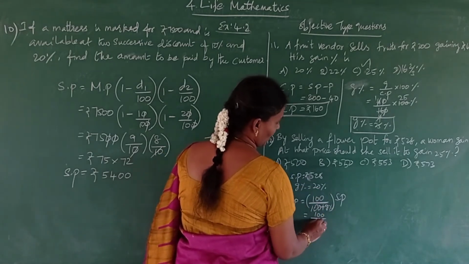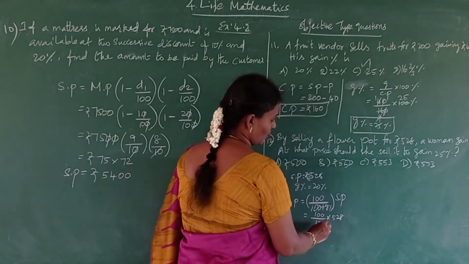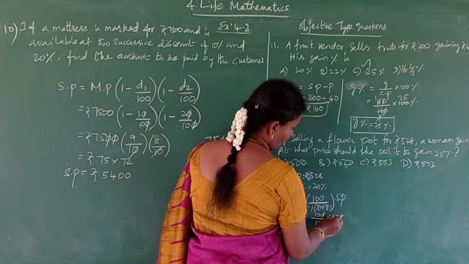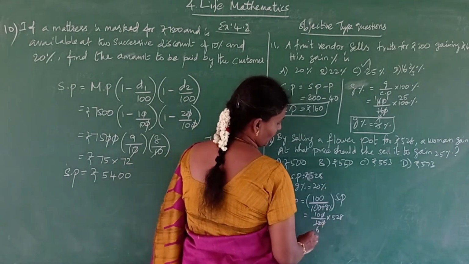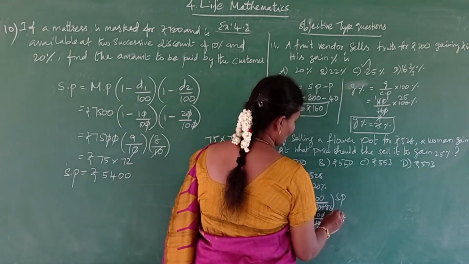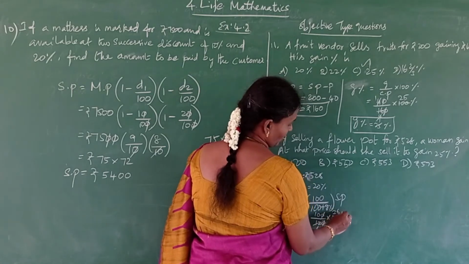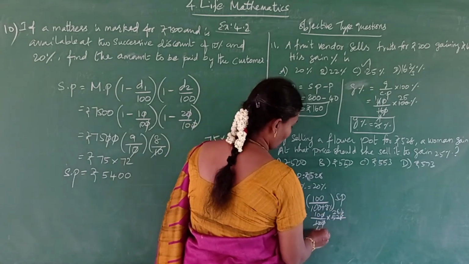So 100 plus 20 is 120. 120 of 528. Okay, 1 0 cancel. Now cancel with which table here possible? Cancel the second table here 6 times. Here means 2 times remaining 1. So 6 times here 4 times. Okay. So I think 6th table possible.